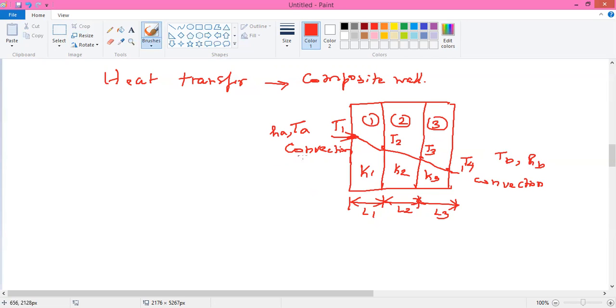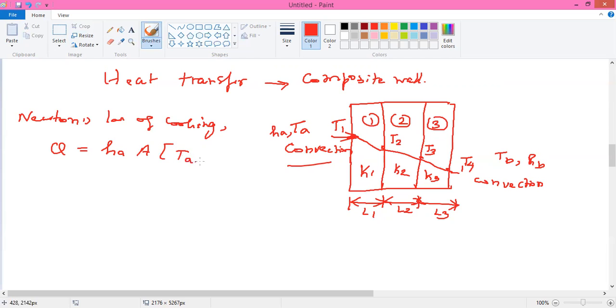If you have the convection process, already we know that convection is based on Newton's law of cooling. The formula for Newton's law of cooling is Q equals H A into (TA minus T1), where we consider the surface temperature T1 and TA is the initial temperature.